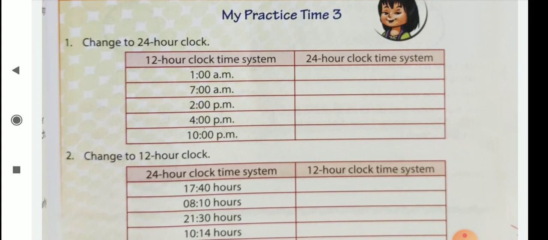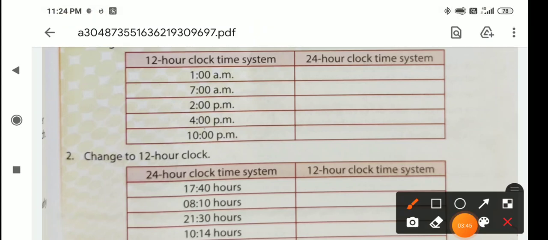First one is 1 AM. 1 AM means it is less than 12, so we just write 1 hours. Means we write like this. Hours. Okay.